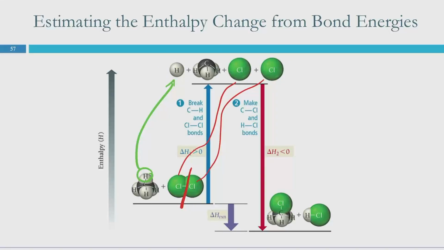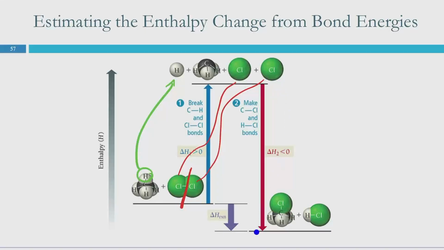So we've broken two bonds. We broke the C-H bond, we broke the Cl-Cl bond. And then, as our second step, we form a C-Cl bond. So the CH3 bonds with the chlorine and forms this, and the hydrogen bonds with the chlorine and forms HCl.